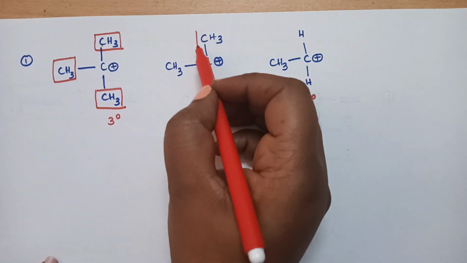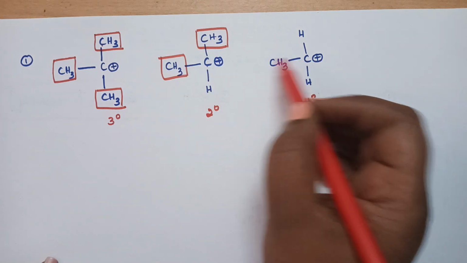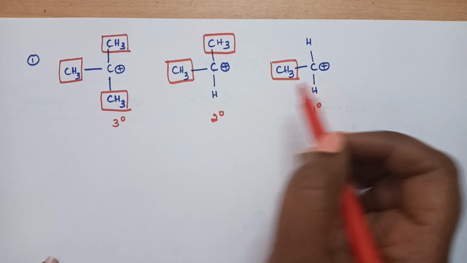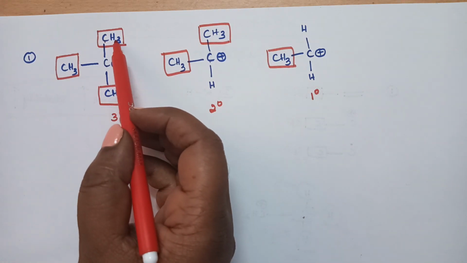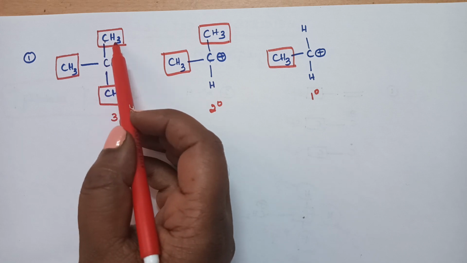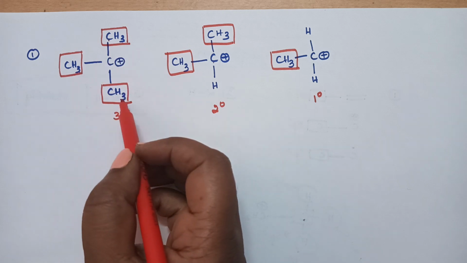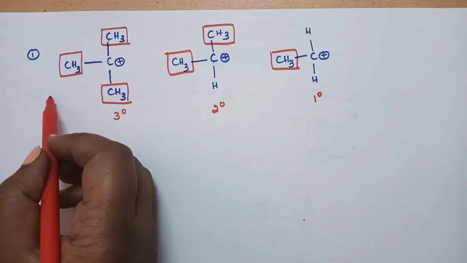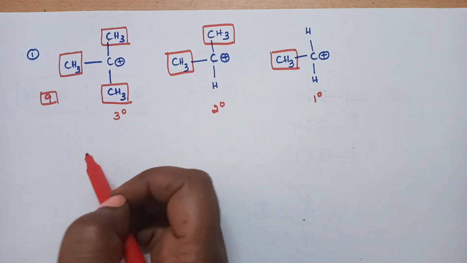Here this is sp3 carbon, this is sp3 carbon, and here this is sp3 carbon. See how many alpha hydrogen atoms are there. So the hydrogen which is attached to sp3 carbon is called as alpha hydrogen atom. So 3 plus 3 is 6, 6 plus 3 is 9. So there are 9 alpha hydrogen atoms in tertiary carbocation.